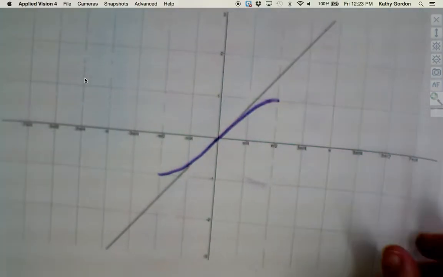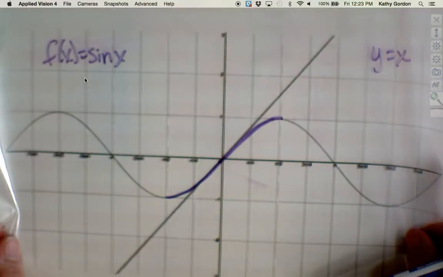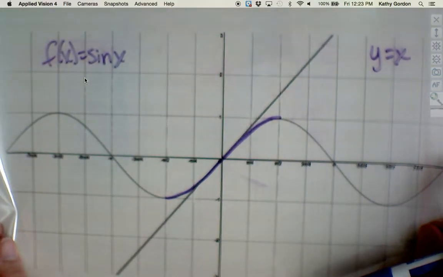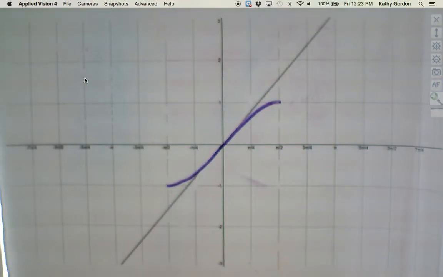Okay? Inclusive. So does everyone agree now that we have a piece that passes the horizontal line test? Could we include any more than that and still pass? No. Okay, so we've got as much as we can have and still pass the horizontal line test.